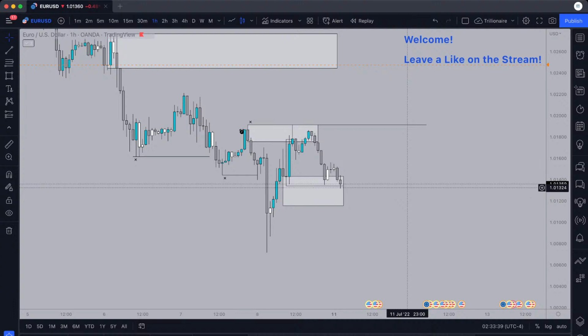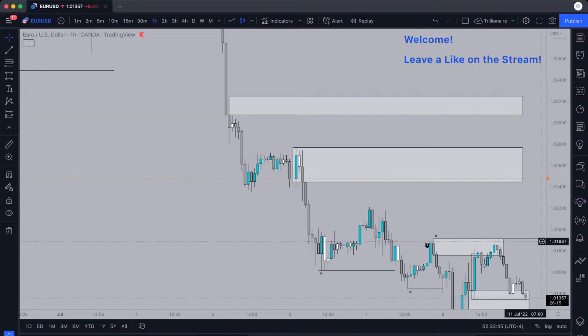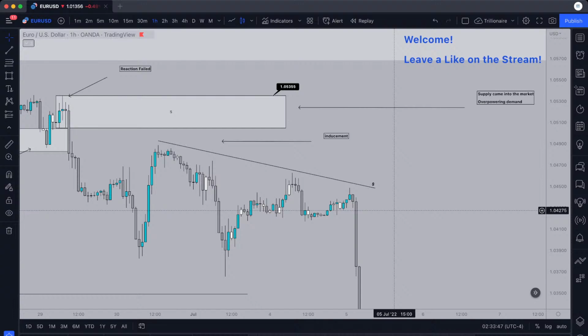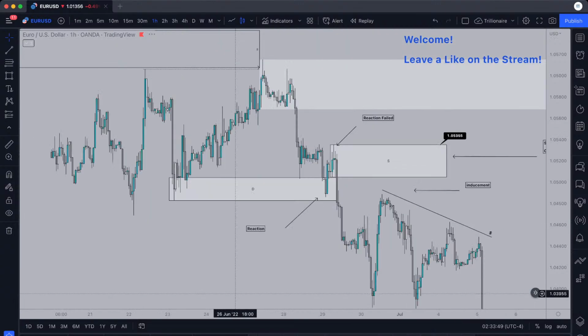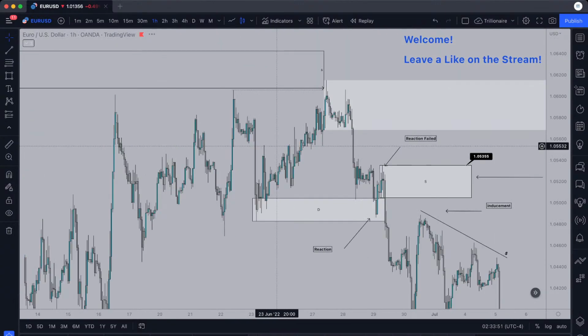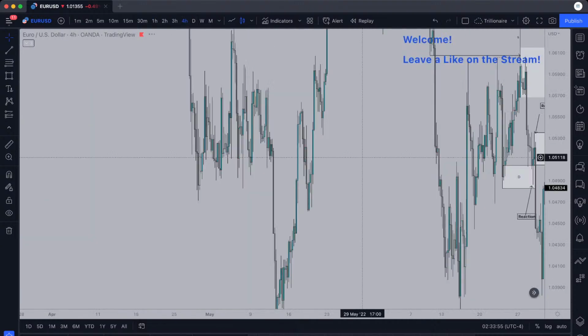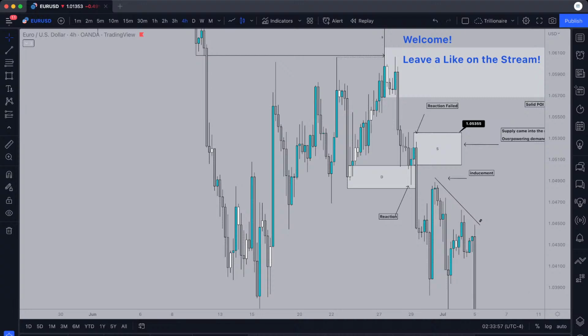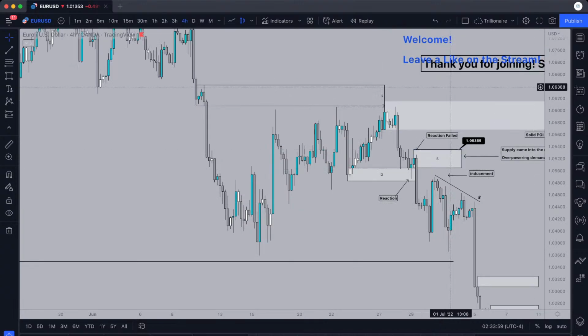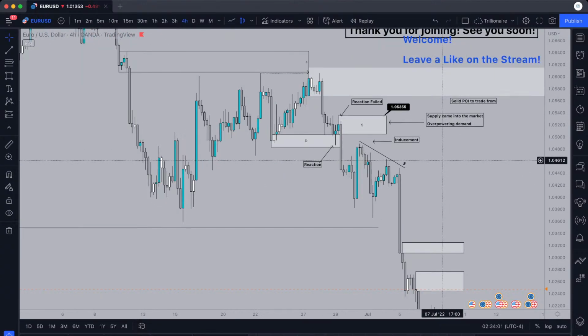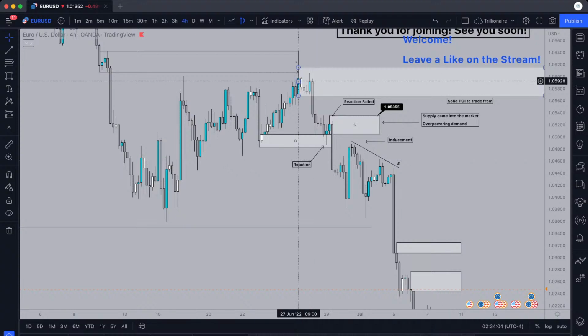Because those are going to be the time frames that, for example, the last Euro USD trade that we took, sell position was here. Let's go to the H4. So we took a sell position here on Euro USD.